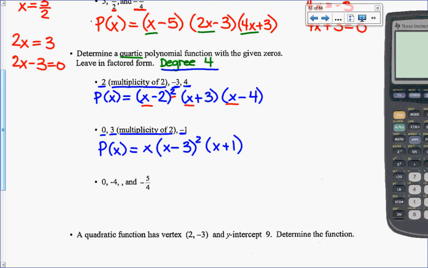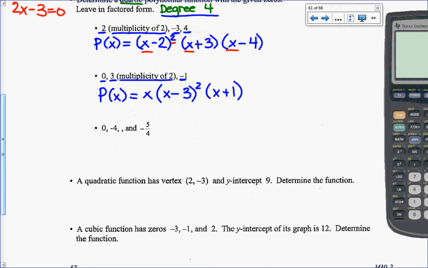All right. And this last one, we're going to have p of x. Now I've got one x that equals 0, so that's my x all by itself up front. One x that equals negative 4, that's x plus 4. And one x that equals negative 5/4.